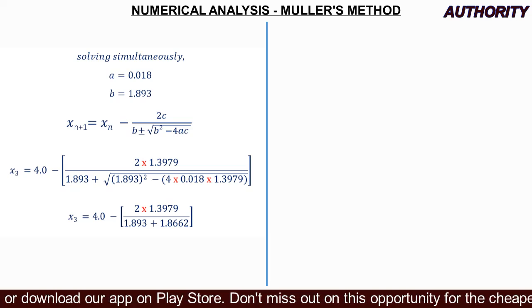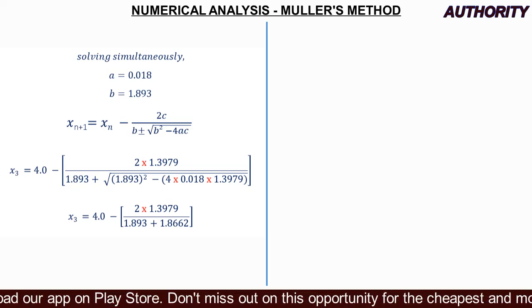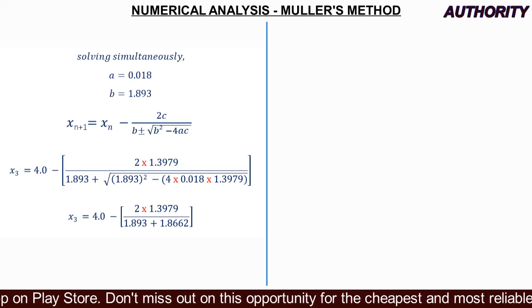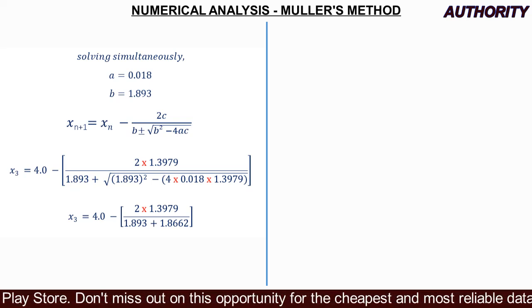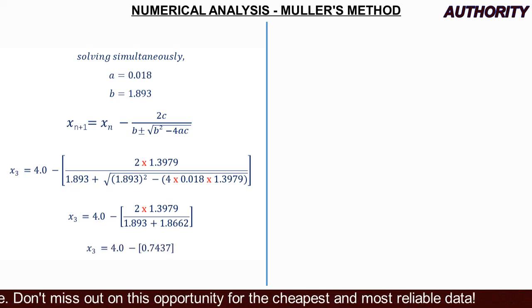Are we together? When you combine it together, here we have 4 minus 2.7958 all over 3.7592.